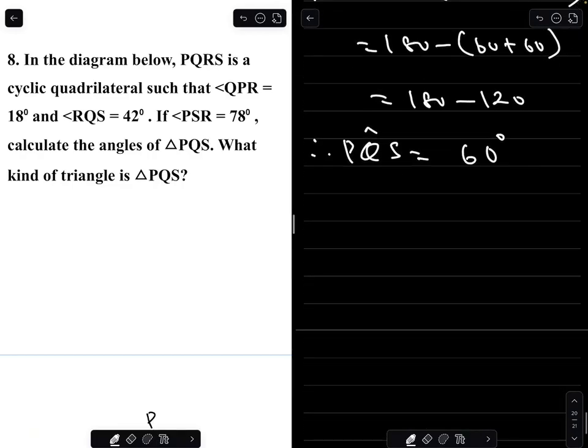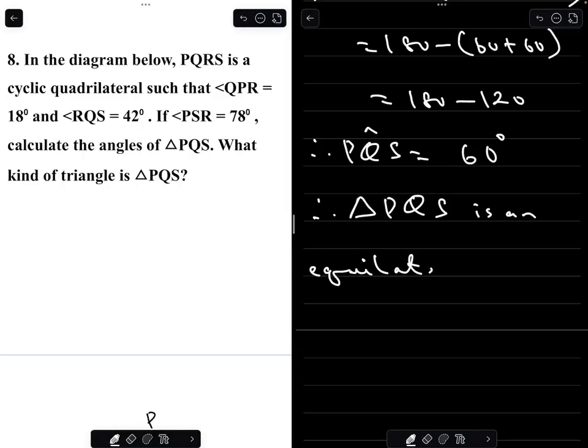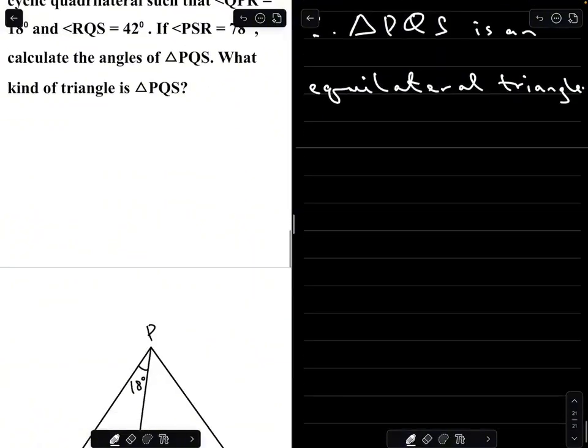Triangle PQS is an equilateral triangle.